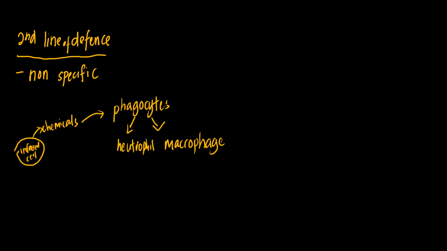So these phagocyte cells will be attracted by the chemicals released by your infected cell. Once the phagocytes sense that there is an infected cell in your body, they will move to this infected cell, and then they will carry out what we call phagocytosis.